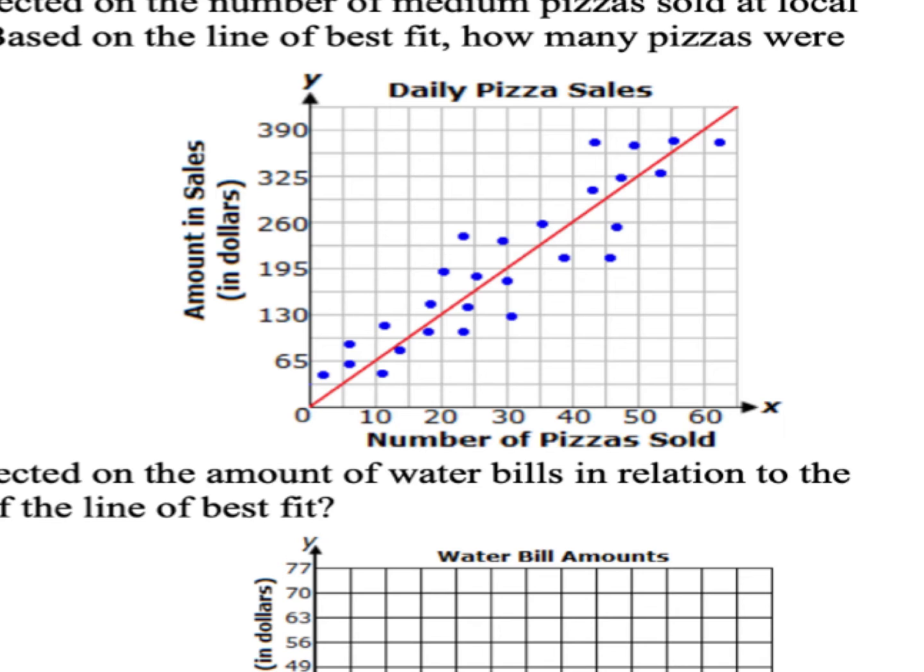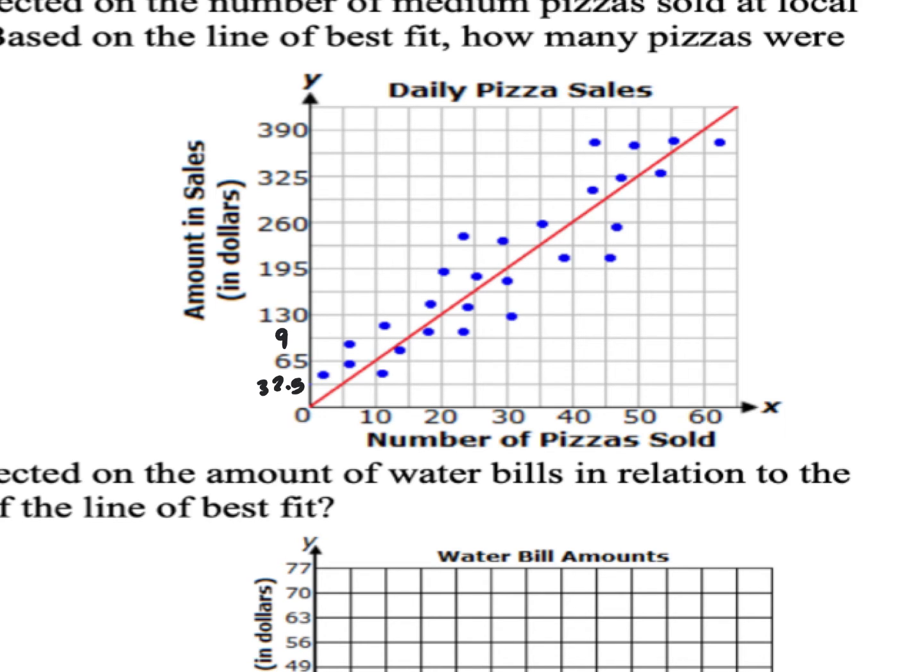Well, every 2 units, it's 65. So then half of that was 37.5. And so if I add 37.5 to 65, I get, let's see, 102.5. I'm sorry, not 37.5, 32.5.